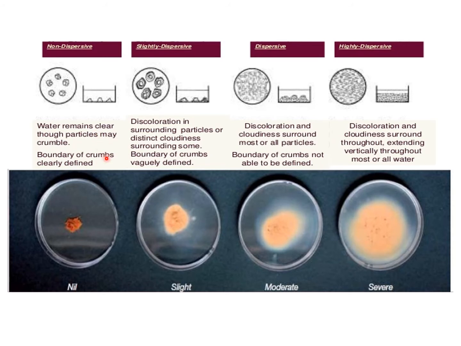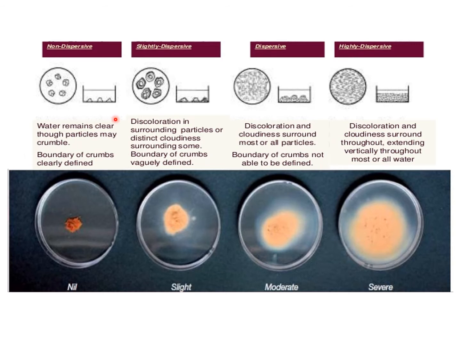And if you just look at these words which are written over here for the non-dispersive case, nil, so you can say the water remains clear. The water remains clear though particles may crumble, and the boundary of crumbs clearly defined.